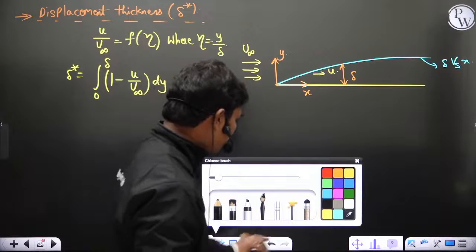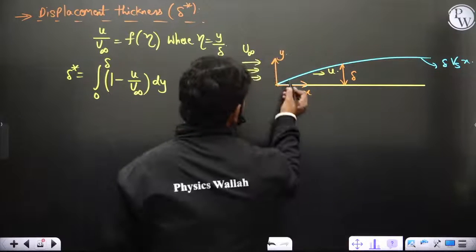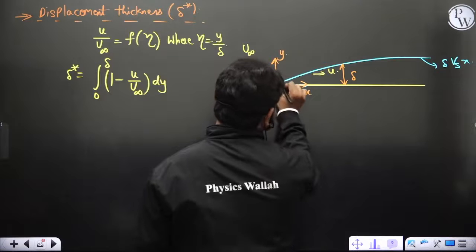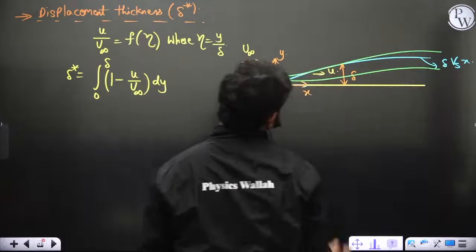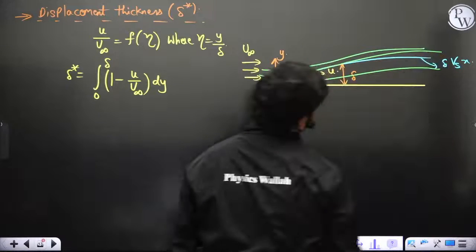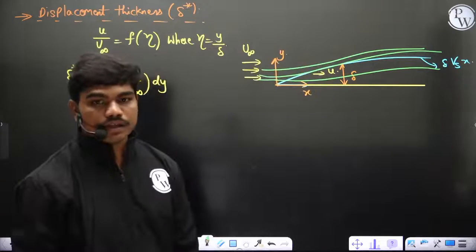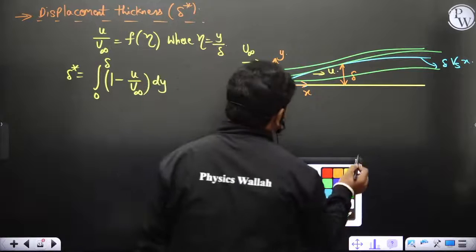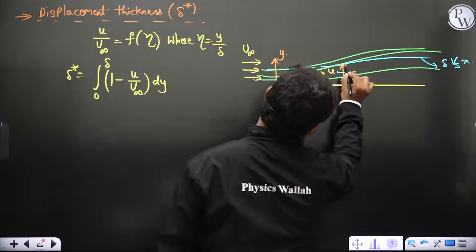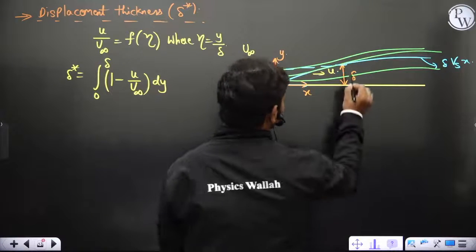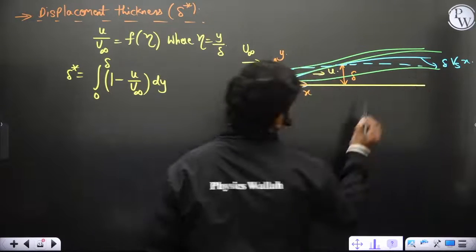I told you in the beginning of the session that the streamlines will actually get diverged, correct? I have shown you this. Now, let us suppose the plate is not there, this fluid layer might have traveled like this, yes or no?